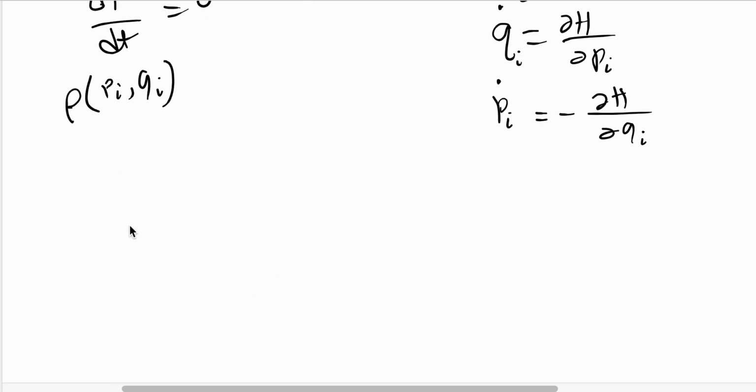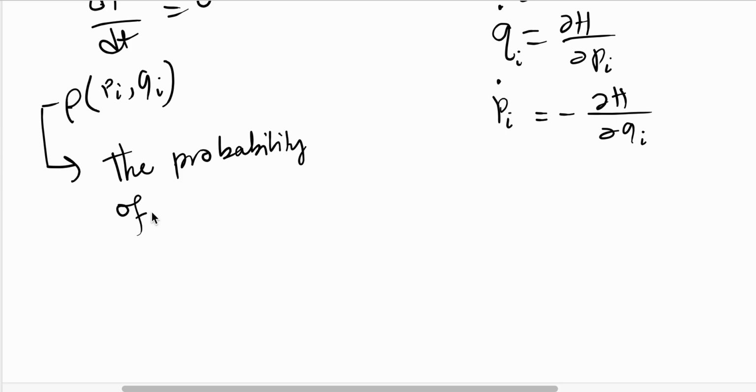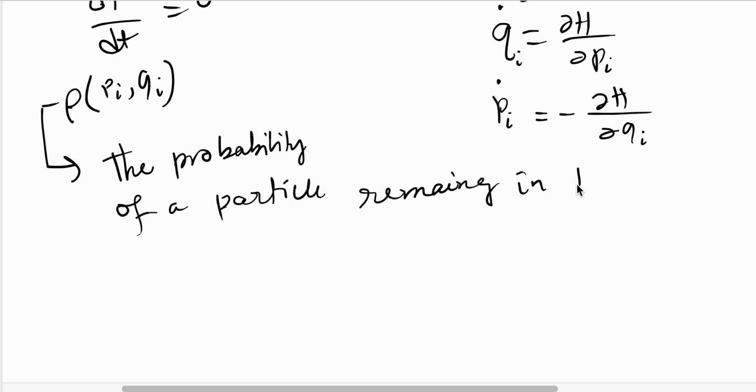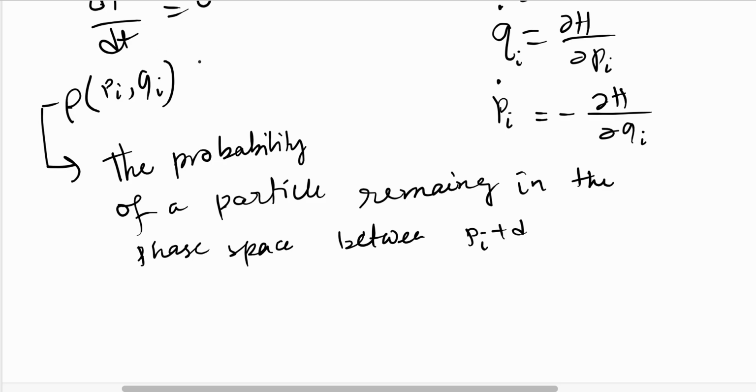It tells the probability of a particle remaining in the phase space between pi and pi plus dpi, dqi.